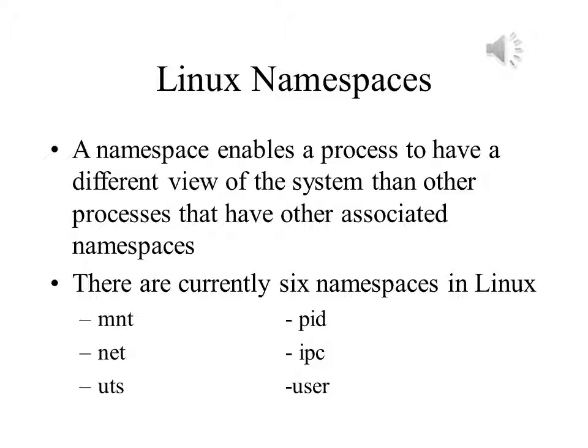Associated with each process in Linux are a set of namespaces. A namespace enables a process, or multiple processes that share the same namespace, to have a different view of the system than other processes that have other associated namespaces.